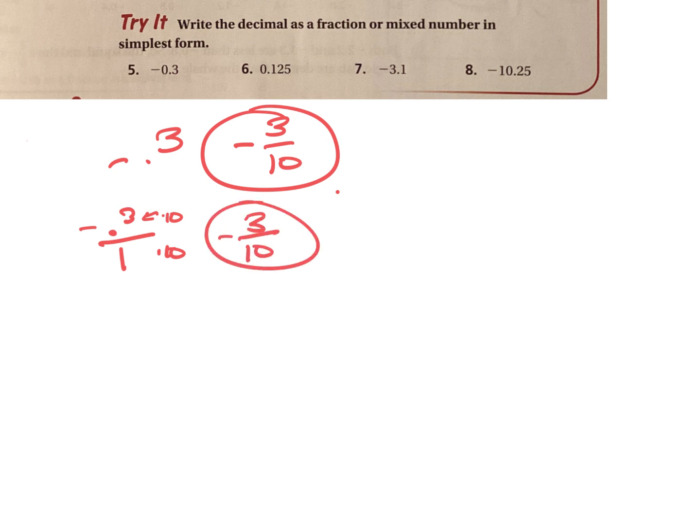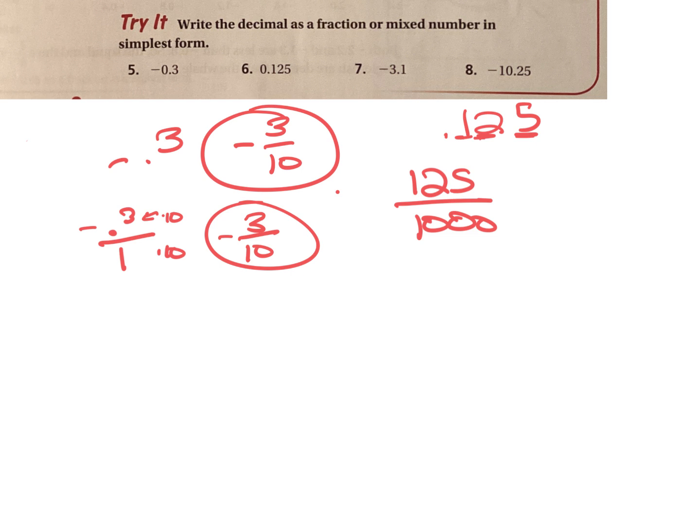So, okay. Number 6, 0.125. Now the place value, this is my tenths, this is my hundredths, this is my thousandths. So I just say the number, 125 thousandths. So I go 125 over 1,000. Then I just have to simplify.